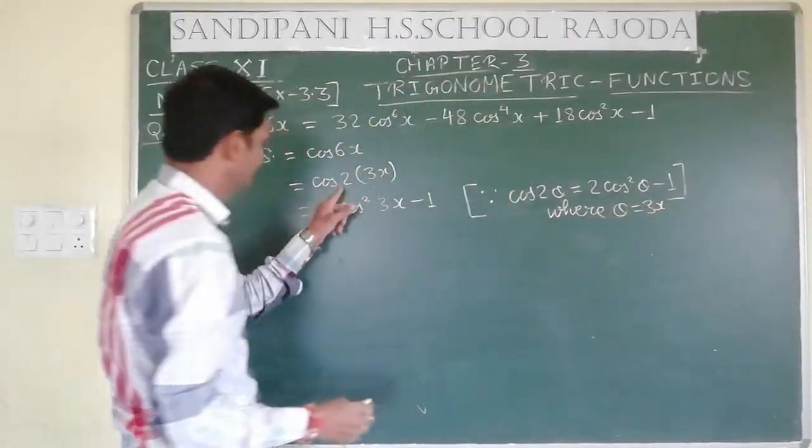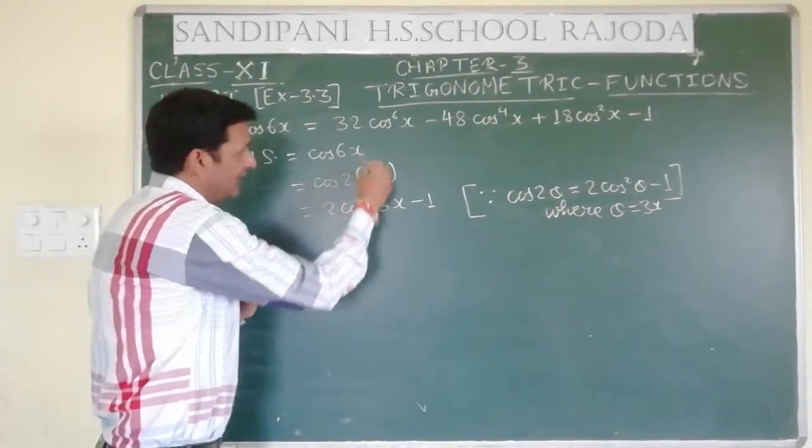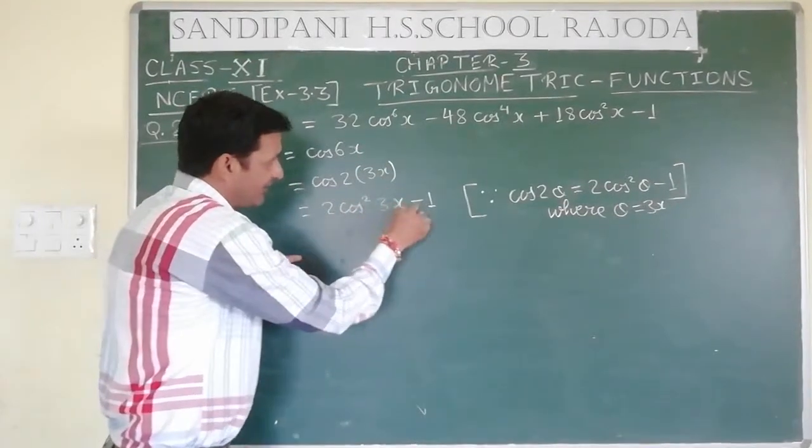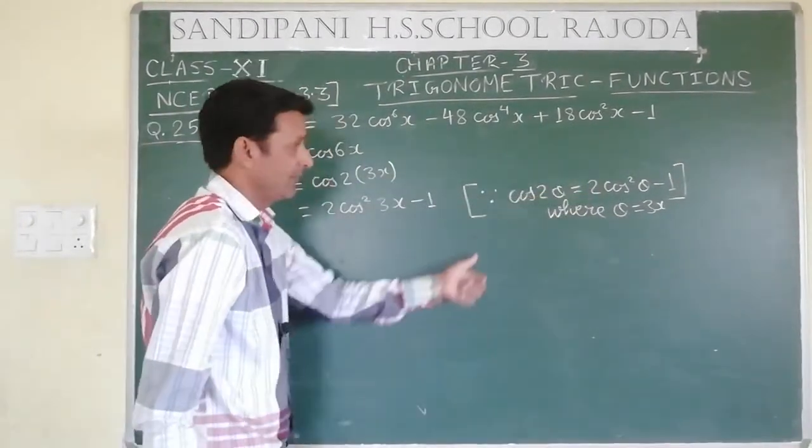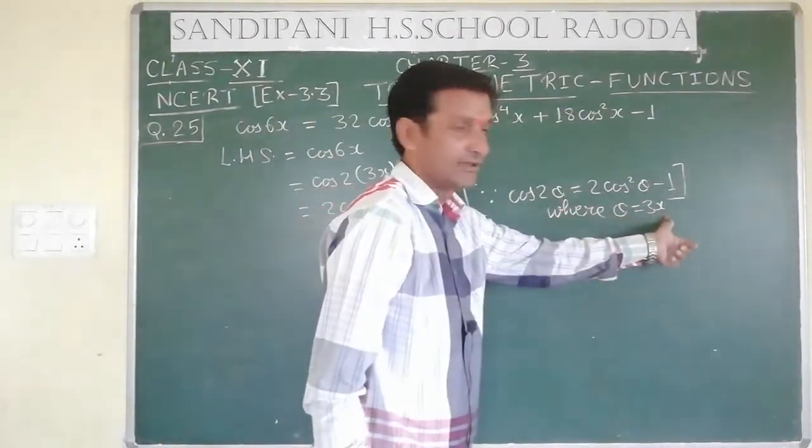See, cos 2 theta, 2 cos square theta minus 1. In place of theta, there is 3x.